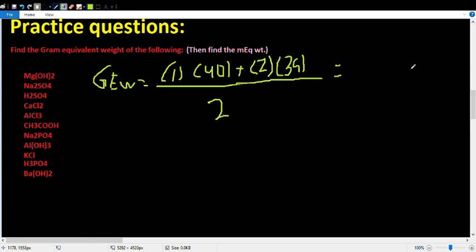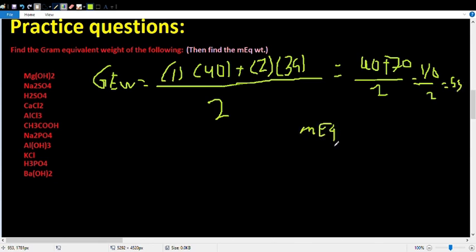So 1 times 40 will be equal to 40, then plus 35 times 2 will be equal to 70, so 110 divided by 2 will be equal to 55. So sa milli equivalent weight will be equal to 55 divided by 1000, which will be equal to 0.055.